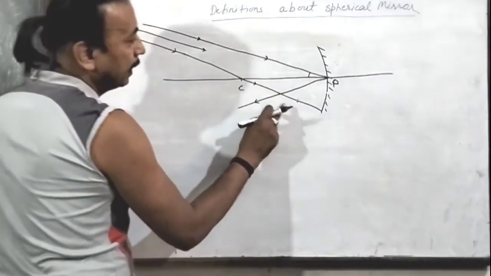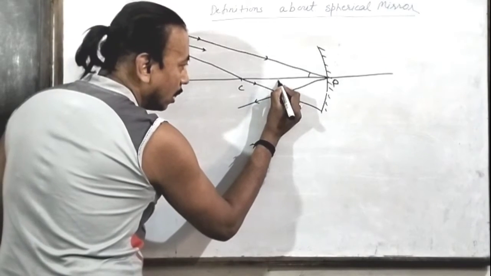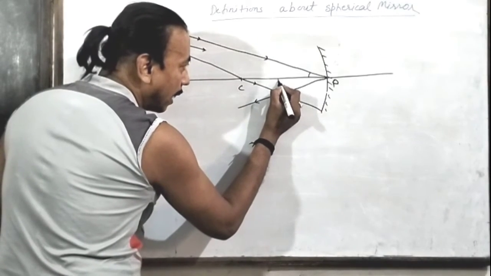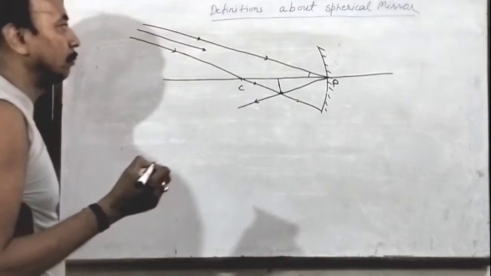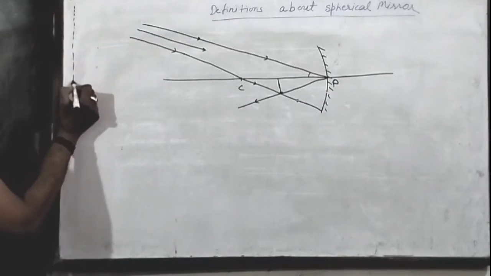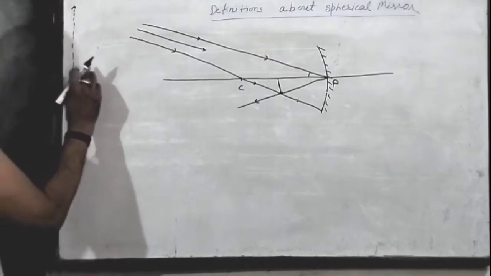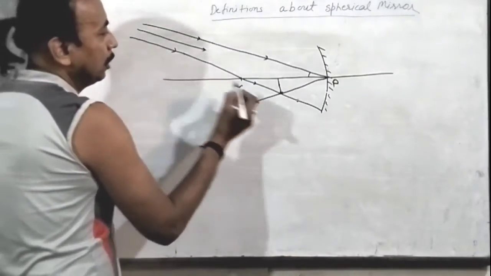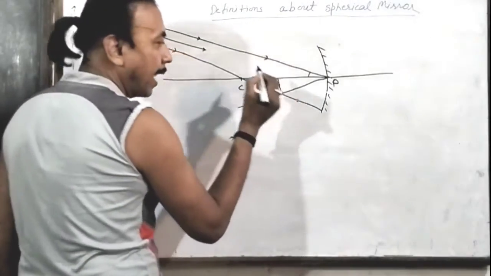Both reflected rays intersect at this point, hence the image will be formed at the focus, on the focal plane. We can assume the object is very large, so its image is very small compared to the object, and at the focal plane.